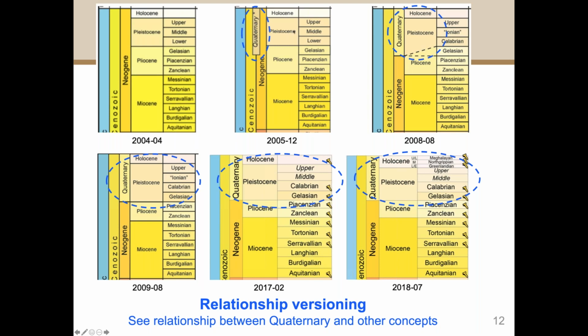But then in 2008, Quaternary has a formal location in the geological time chart, but still for some boundaries, like here, how can we decide the relationship between Gelasian and Pleistocene and Paleocene? There are some interesting relationships here. And then coming to 2009, you can see this boundary changed again. Seems the relationship was made formal.